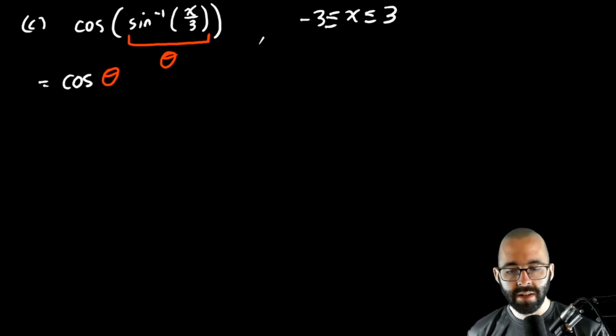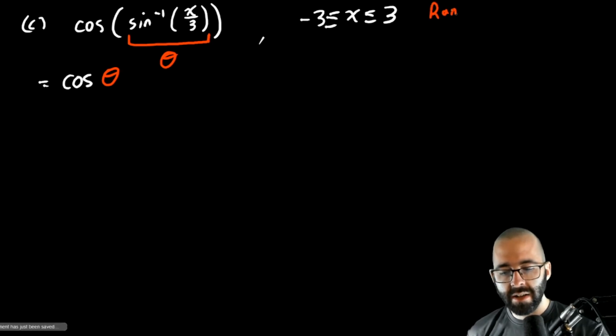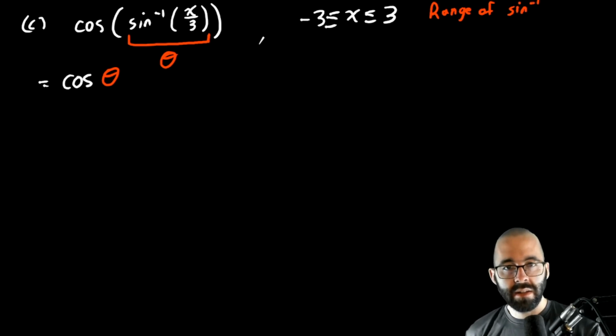Okay. What's the range of inverse sine? The range of inverse sine is negative pi over 2 to positive pi over 2.